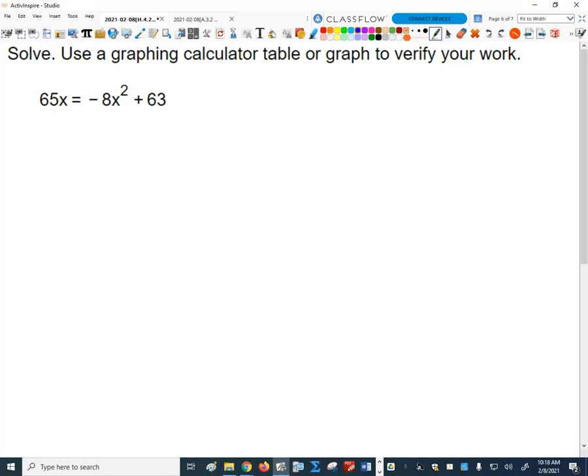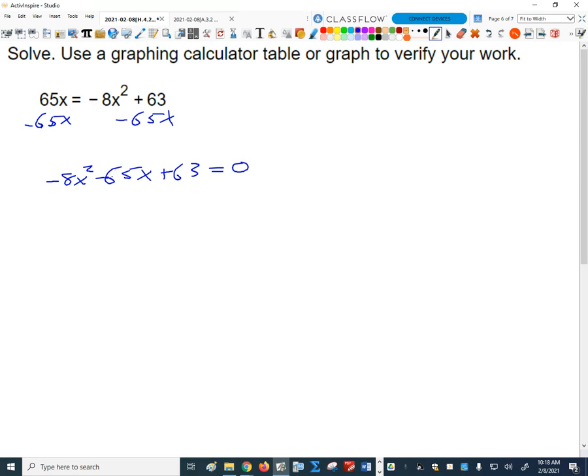There you go, right. So if I subtracted 65x from both sides, that's going to give me negative 8x squared minus 65x plus 63 equals 0.